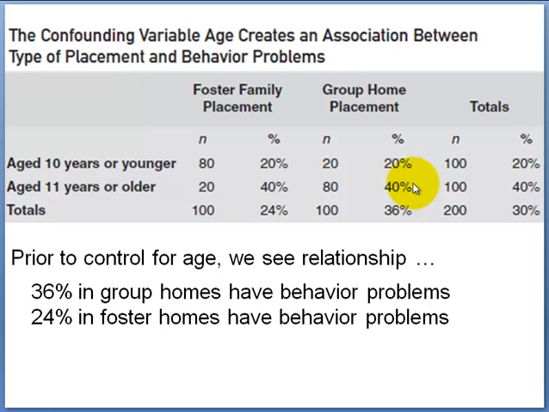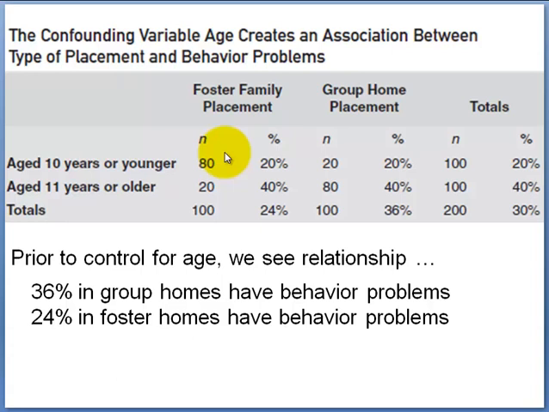We've got fewer behavior problems in the foster family settings, not because foster family placement brings about better behavior, but rather because the kids in foster family placement, much more often than those in group home placement, are younger, and younger kids are less likely to have behavior problems.